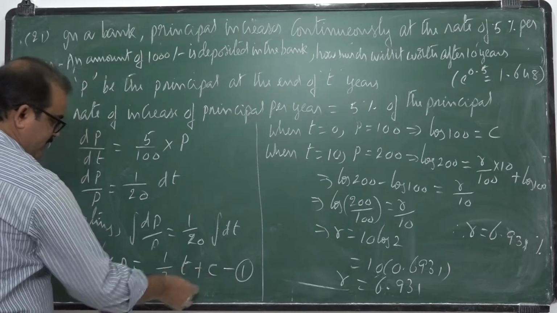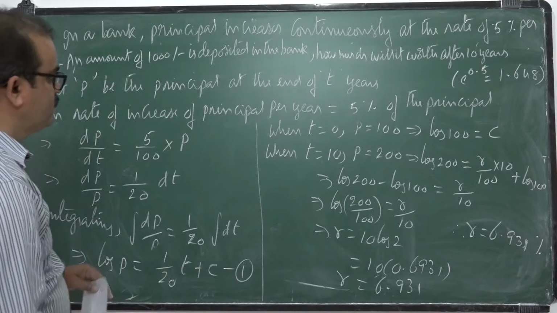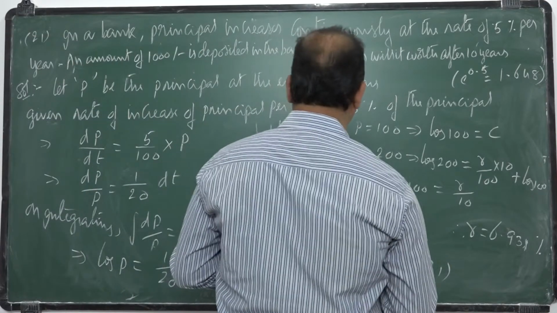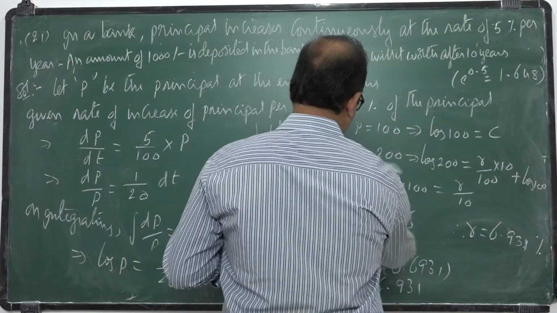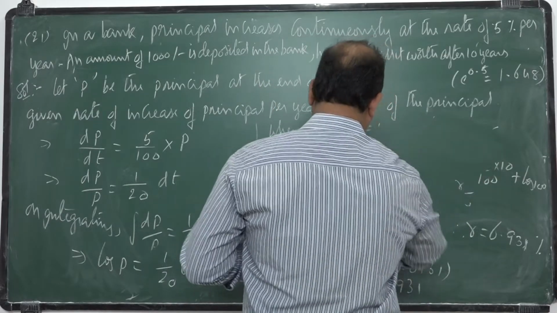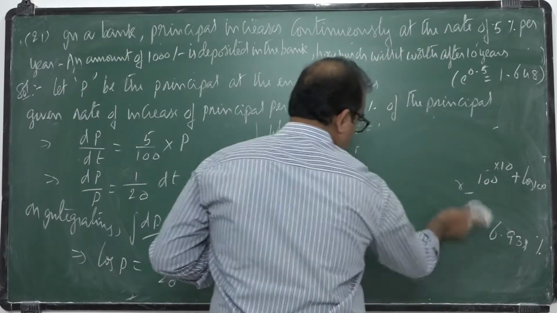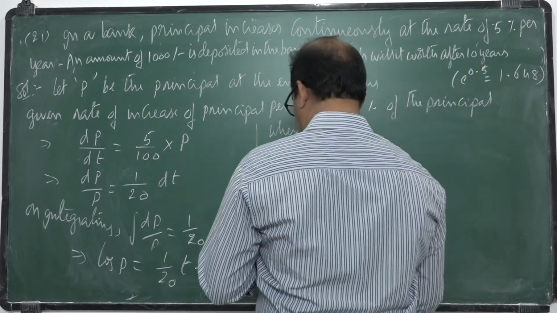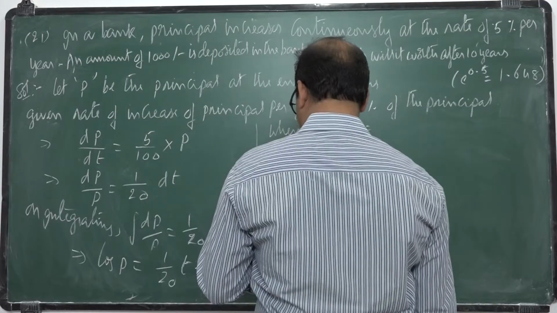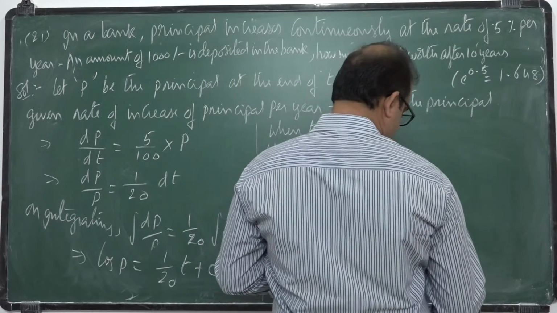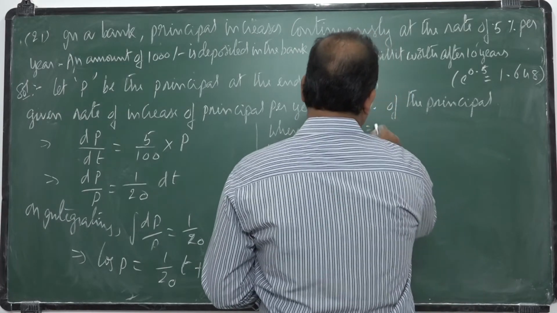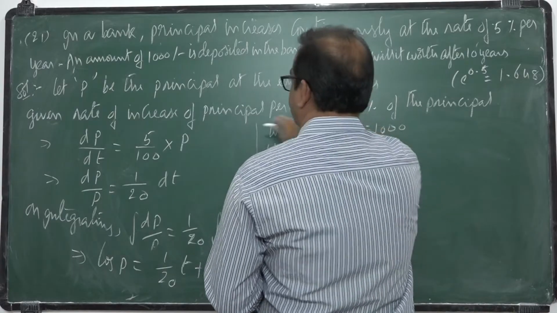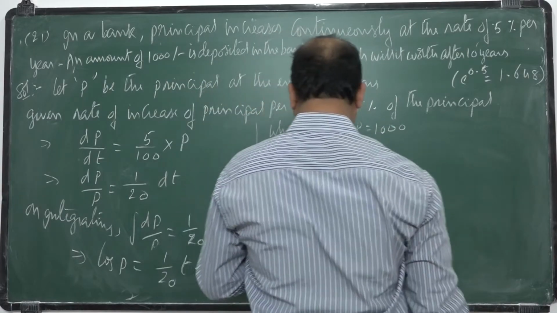Integral 1 dT is T plus C. Here when T is equal to 0, what is the initial amount here? Initially 1000, P is equal to 1000.